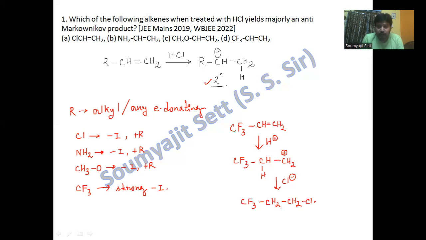But though here no peroxide, no photochemical condition is applied, still the anti-Markovnikov product is obtained because of the presence of the CF3 group. Okay, so here the correct option will be option 4.